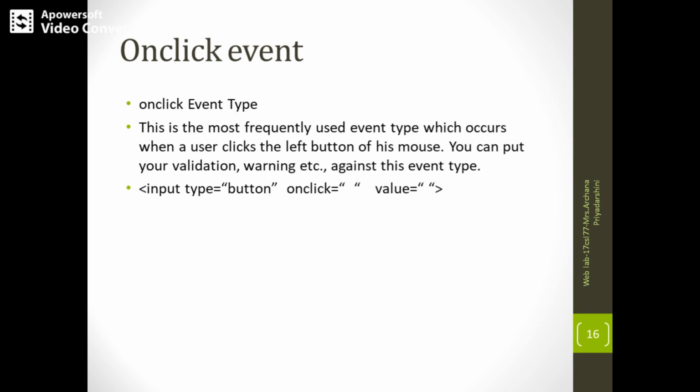It may be alerting a particular message using an alert window, or some text that is changed, or any other action that is triggered upon click of the mouse. The button value can be named in the form of text. This is how we can have an onclick event. Let's see this demo in the next video sessions which are prepared.